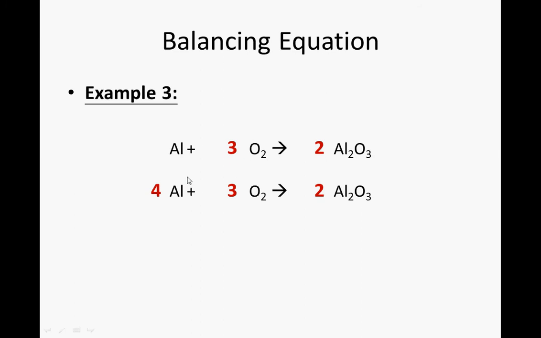As it is the easiest, maybe we can put it as the final step. We balance other things first, so that at the final step we can just put in some number to adjust aluminium's amount easily. Since it is easy to adjust, we put it in the final step. So we do oxygen first and then aluminium. It's just my suggestion. You can use other ways and still find the same answer.